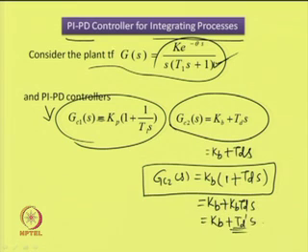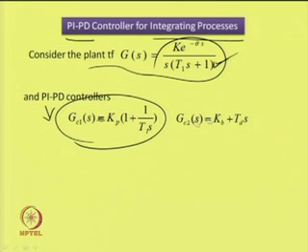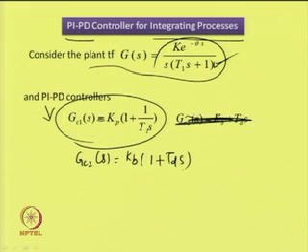So, it is all about expressing the derivative value in some different form. That way, without loss of generality, let us assume the form of the PD controller to be GC2(s) equal to Kb(1 plus TD s).